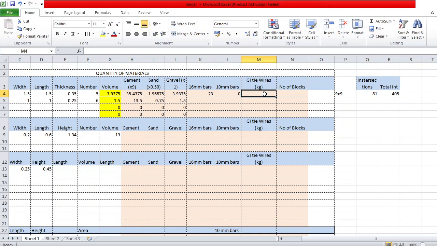Lumalabas, your GI towers will be equal to the number of intersections, which is 405, diba? Multiplied by, so kung ito gamitin natin, number of intersections, kaya paparenthesis ko, multiplied by 0.30 meter, close parenthesis, divided by 52.